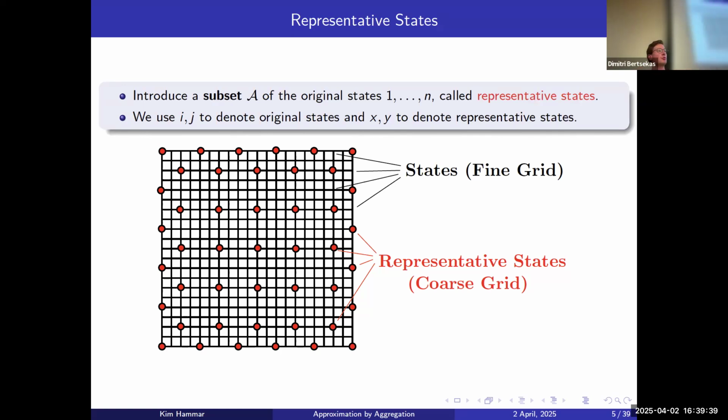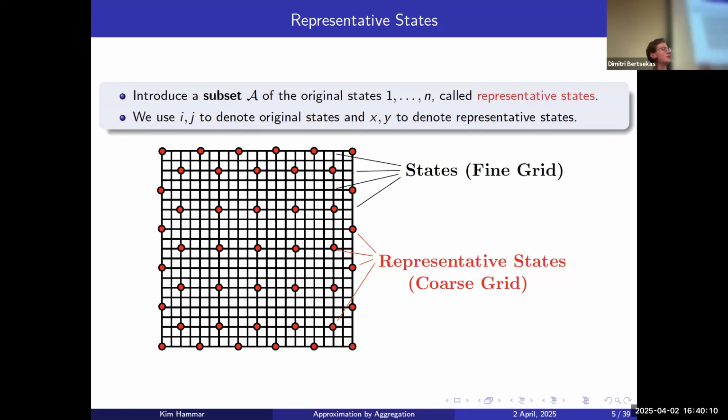To differentiate them from the original states, I will denote them with x and y in general, instead of i and j. You have a very intuitive example here in the figure where the original state space is a very dense grid. To select the representative states, we can simply form a coarser grid on top of that dense grid. Once we have selected the representative states, that is the first step of the aggregation methodology.